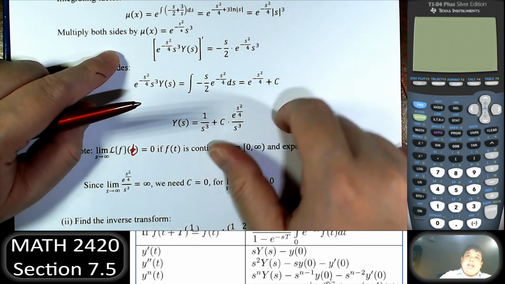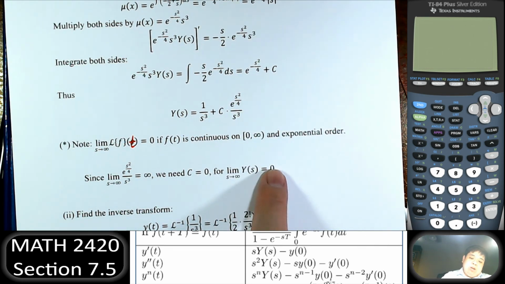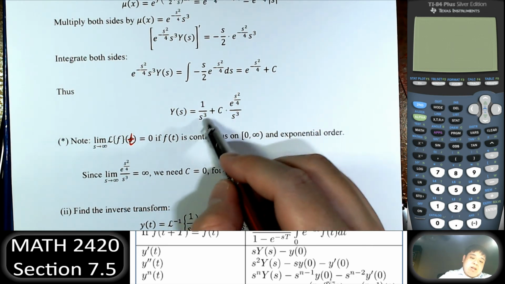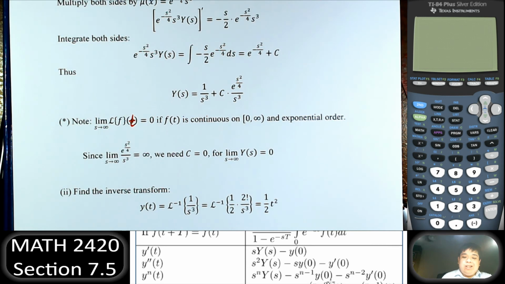So in that case, c has to be 0. So the bottom line is y of s is also equal to 0 when s goes to infinity. And finally, we find the inverse transform of this, equal to 1 over 2 t squared.